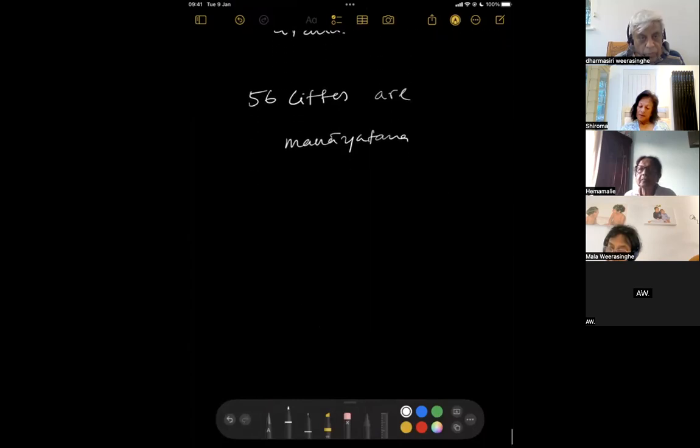Then we have Chakkayatana. What is the Pali term for the object of chakkayatana? Varna rupa. Varna rupa is the rupa.